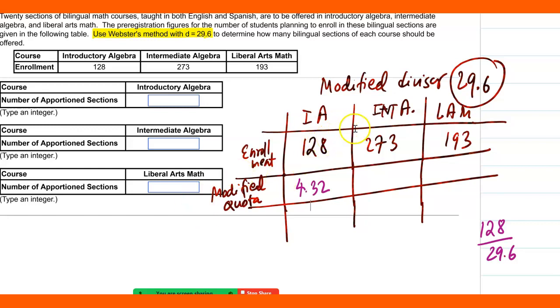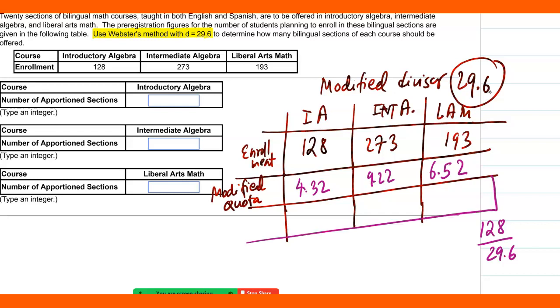For intermediate algebra, the modified quota is 273 divided by 29.6, 9.22. For liberal arts math, the modified quota is 193 divided by 29.6, 6.52.